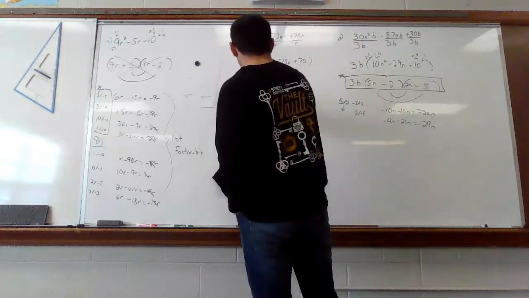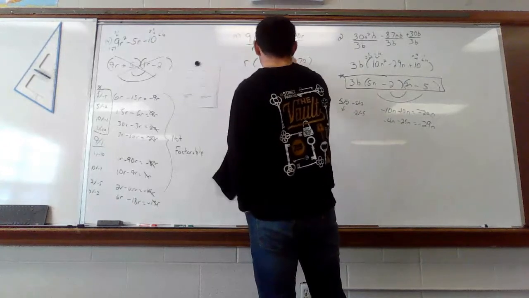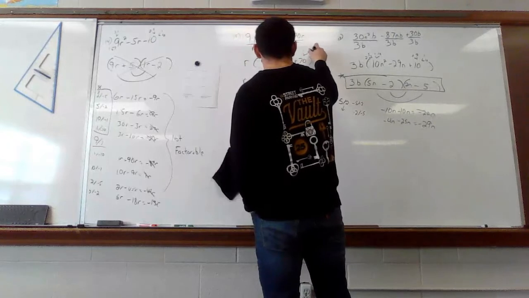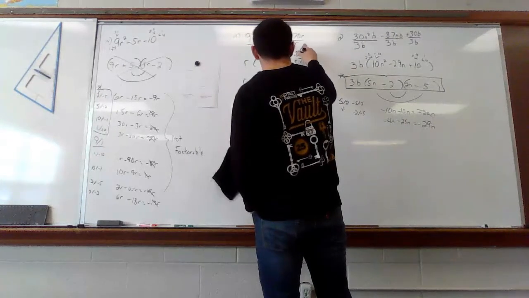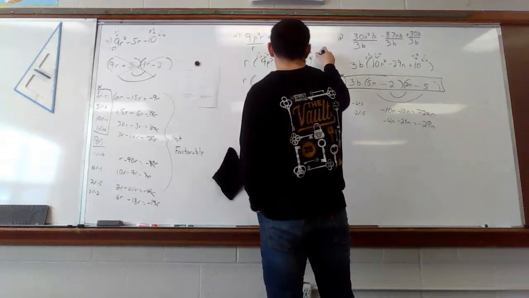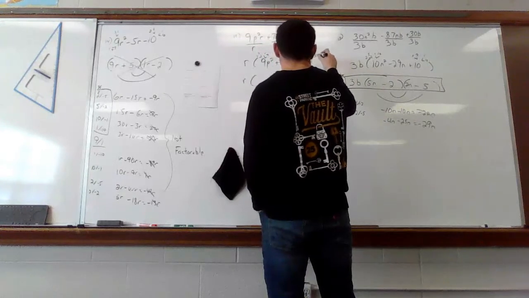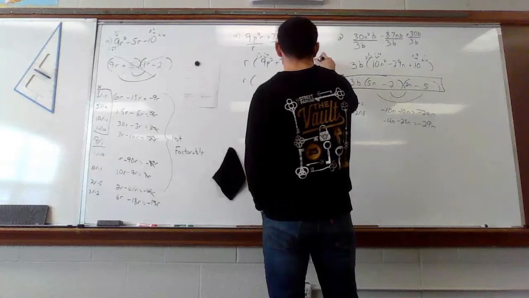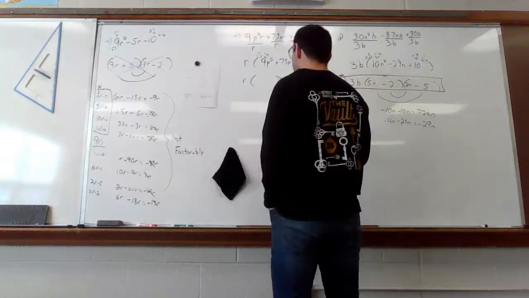So now I have r factor, and the factors: 1 and 9, 3 and 3, and for 70, 1 and 70, 2 and 35, 5 and 14, and 7 and 10.